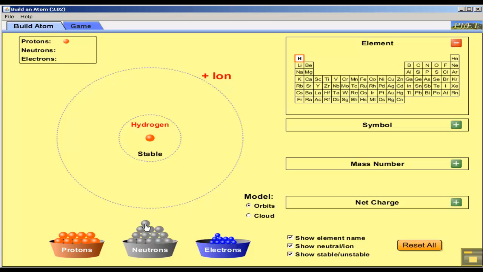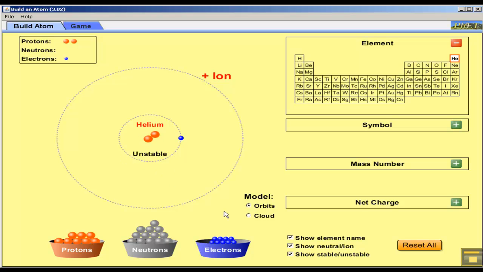Now, we can also add a neutron, and we can add electrons. Now typically your hydrogen's not going to have any neutrons. It's just going to have a proton and an electron, but there are cases where the number of neutrons would change.